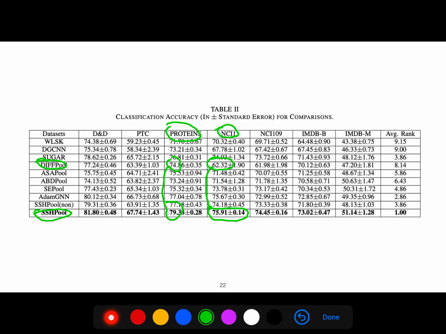Also, D&D from 77 to 81. The biggest improvement is, I think, for NCI1 and NCI109, where we see a huge improvement. In other datasets, we don't see huge improvement, just slight improvement. So the average rank is best for their method.